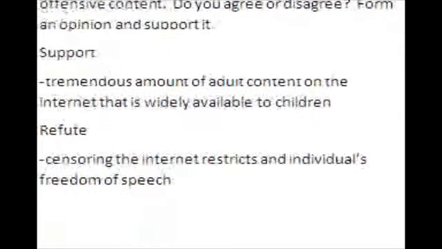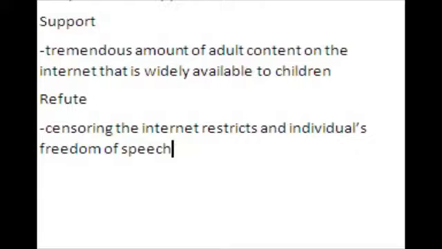Okay, another idea that would refute this would be that if perhaps the government controlled the content of the internet, this could slow the rate that information can be transferred. So the government controlling the internet may lead to a slower transfer of information.